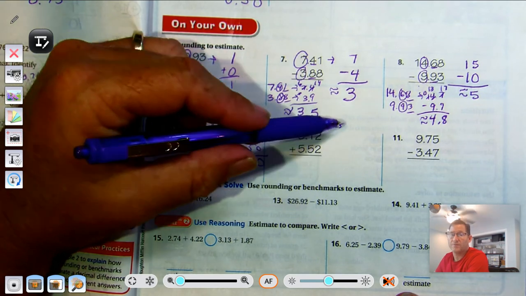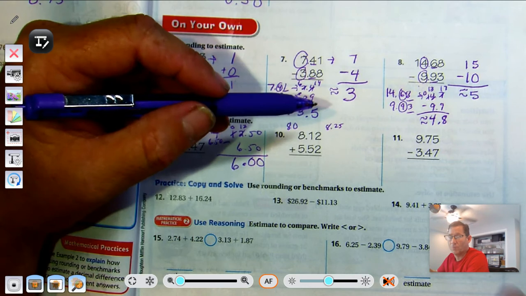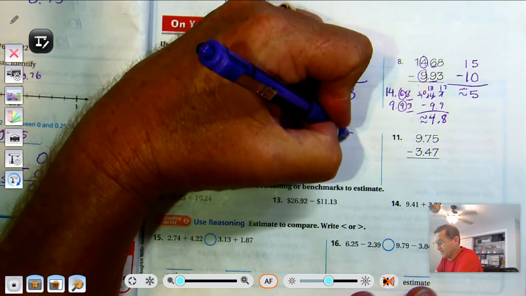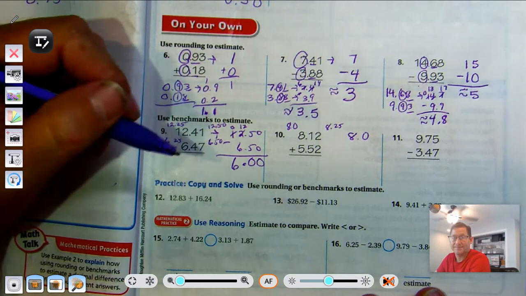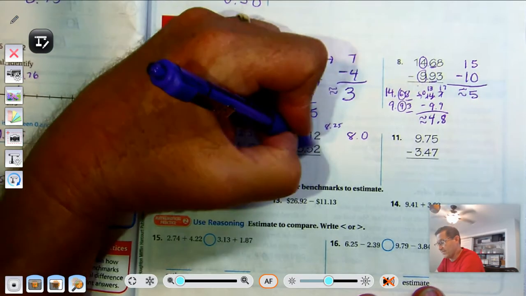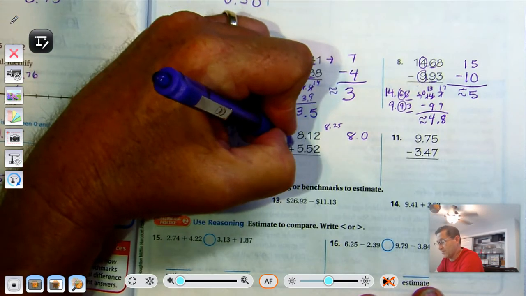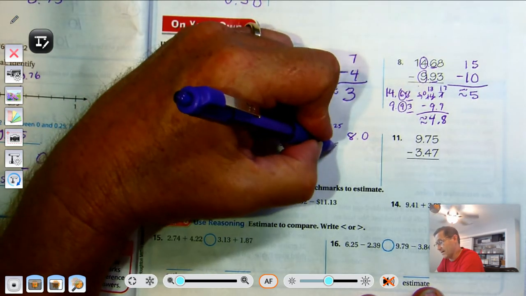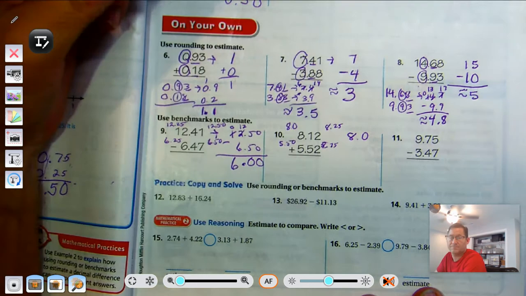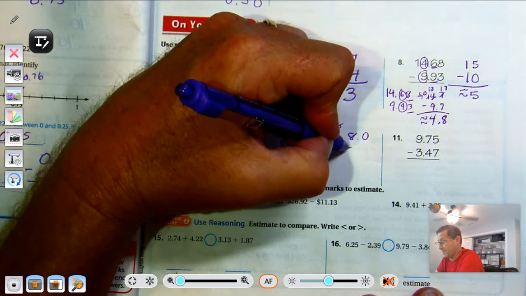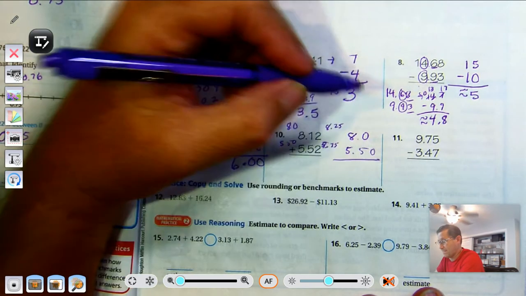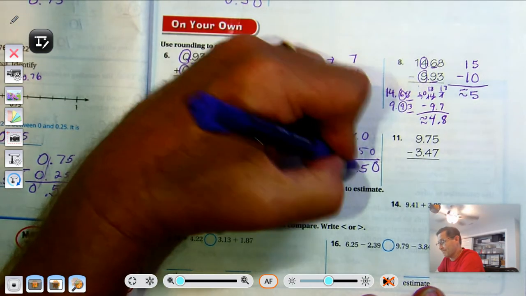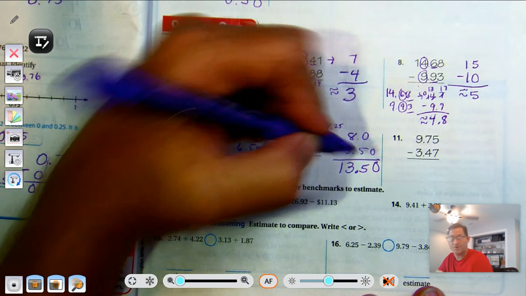To go from 12 to 25, you'd be jumping forward 13. So it's a difference of 1. But okay, so about 8. And 5.52, we know that's between 5.50 and 5.75. It's closer to 5.5. Okay, add those together. 13 and a half.